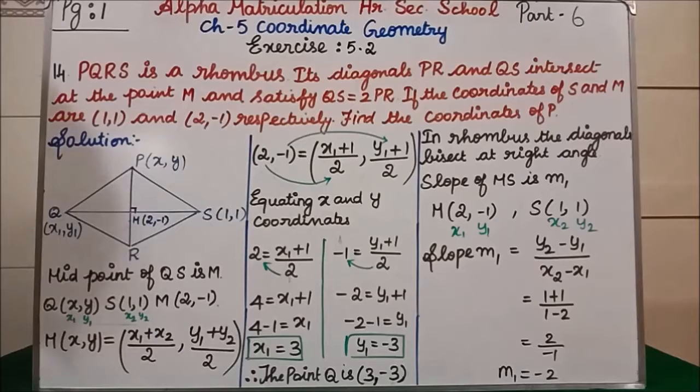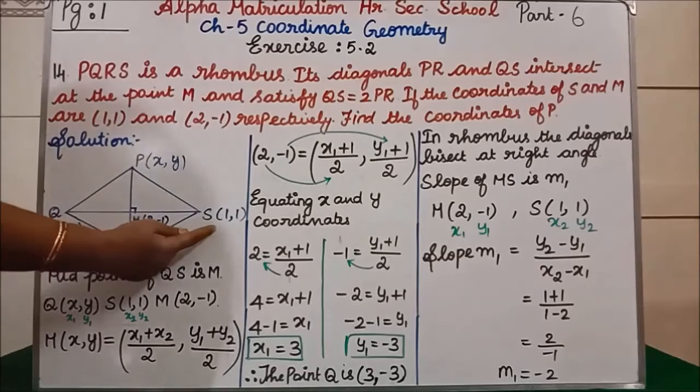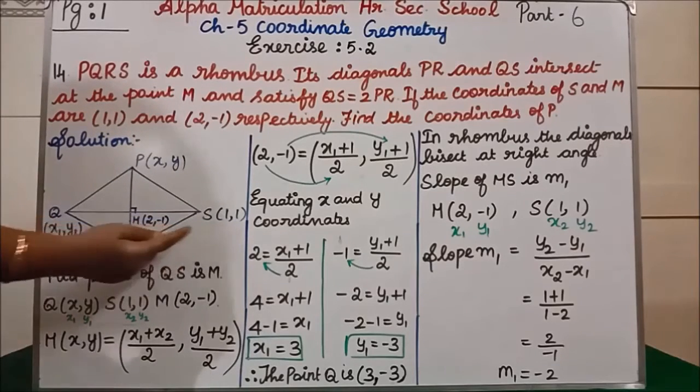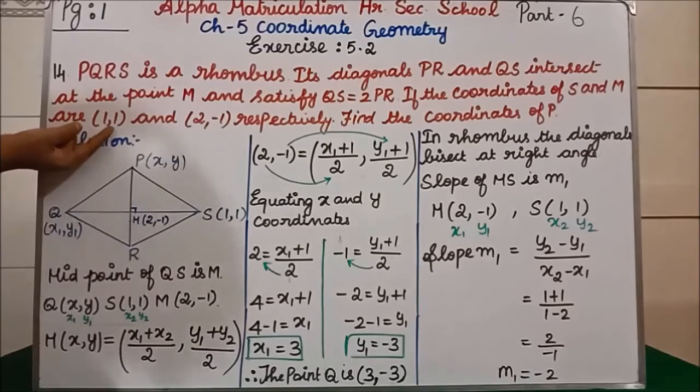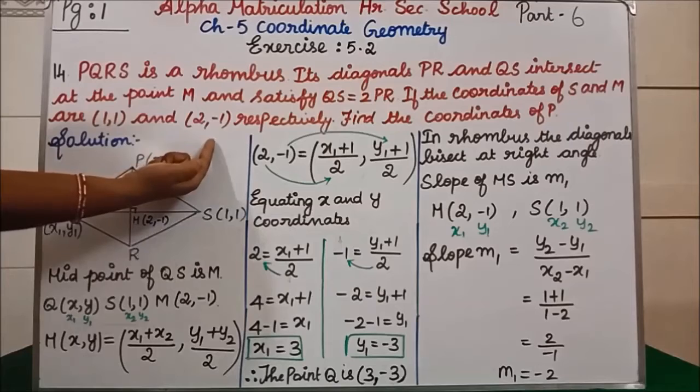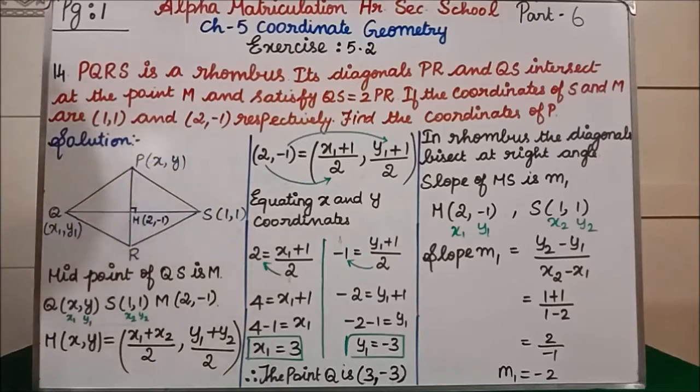If the coordinates of S and M are, so S value you have to take as 1, 1 and M value you have to take as 2, minus 1. Clear? 2, minus 1 respectively. Find the coordinates of P. Clear?